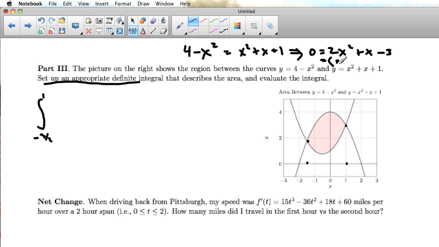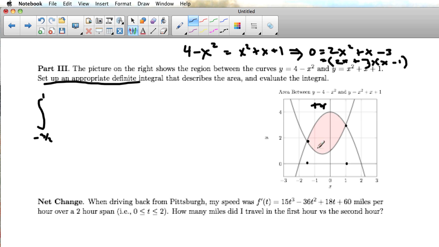That's 2x plus 3 times x minus 1. Or you could use the quadratic formula, but obviously the roots here are x equals negative 3/2 and x equals 1. If I kind of know that from the picture, it's a lot easier to factor because I'm just trying to verify that that really is true. All right, so those are my limits of integration.